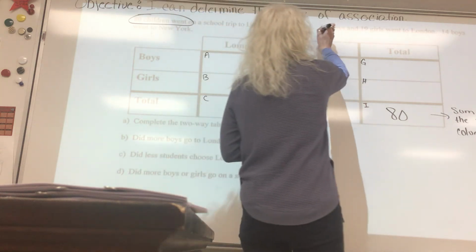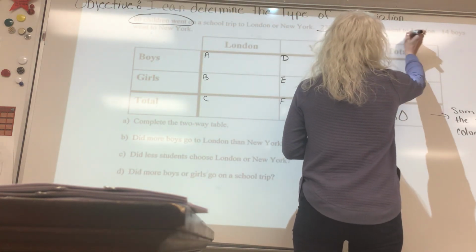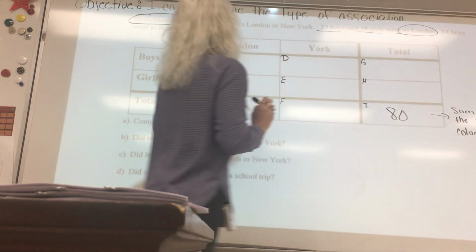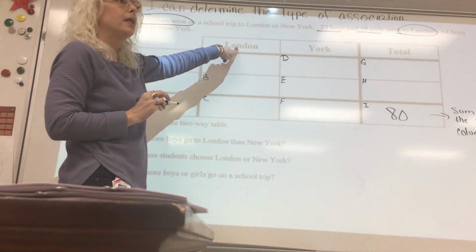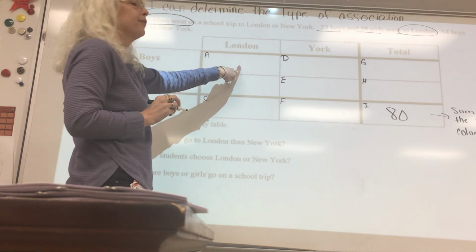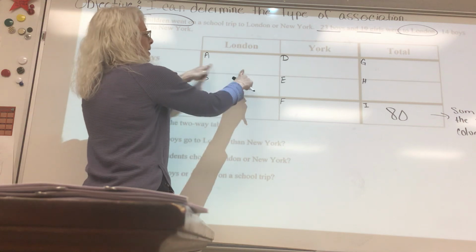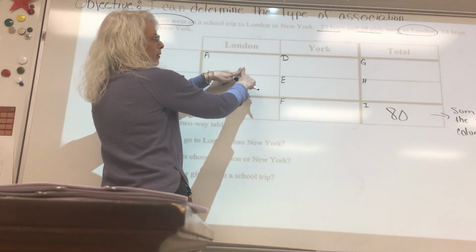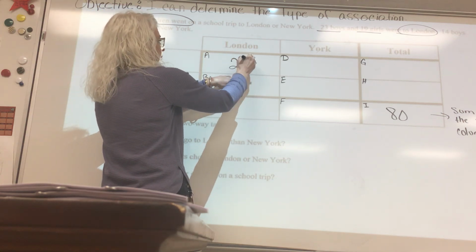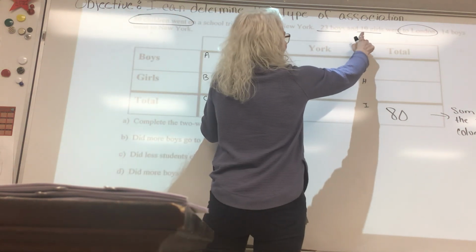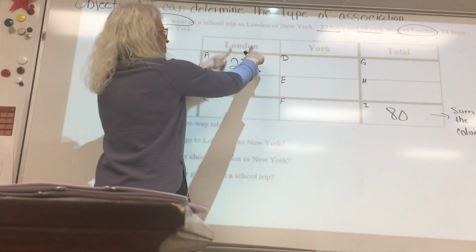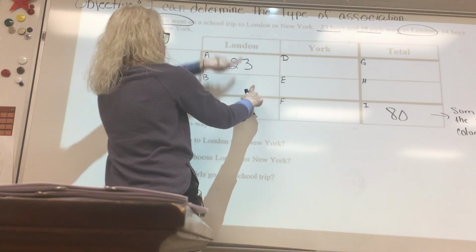"23 boys and 19 girls went to London." So I'm going to go to London. I'm going to go down, and the first spot is boys. How many boys went to London? 23. Then it said, and 19 girls went to London. So I'm going to stay with London, go down to girls.